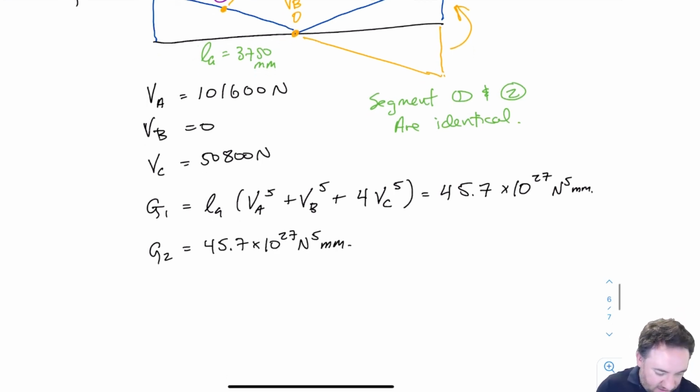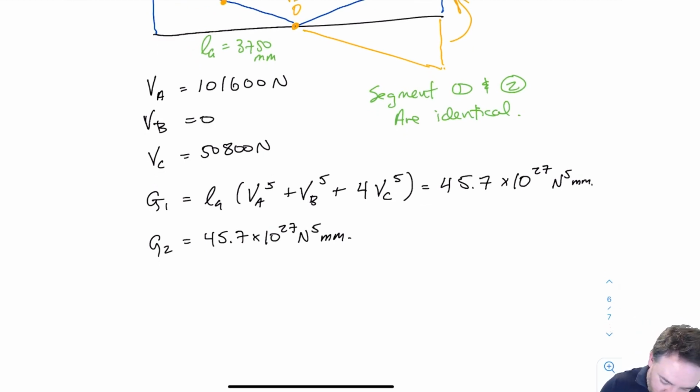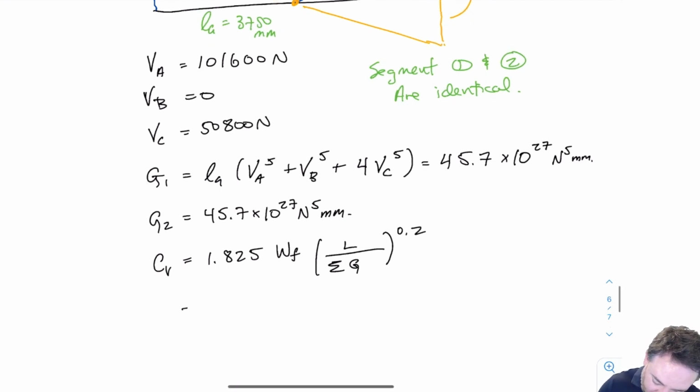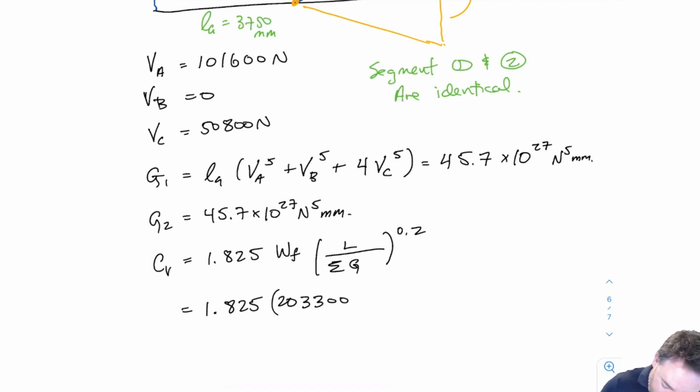Okay, and my total length, so then to calculate CV, my equation looks like this. This is a stationary load. So I have WF here in my equation, which is my total factored applied load. And I multiply that by L divided by the sum of all the G's to the 0.2. So if I sub that in, WF in newtons is 203,300.